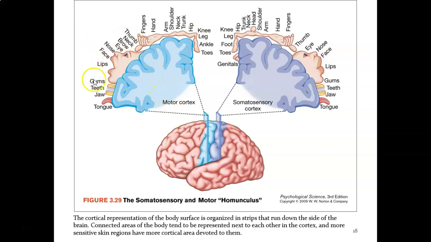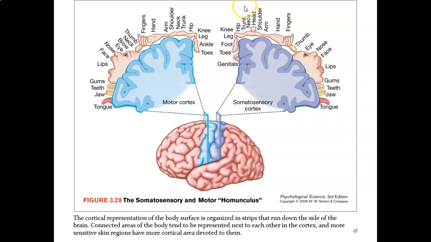However, our faces move constantly. So as you can see, the human face has a tremendous amount of motor cortex tissue dedicated to it, as do the hands, because we move our hands all the time and we have very fine motor skills.